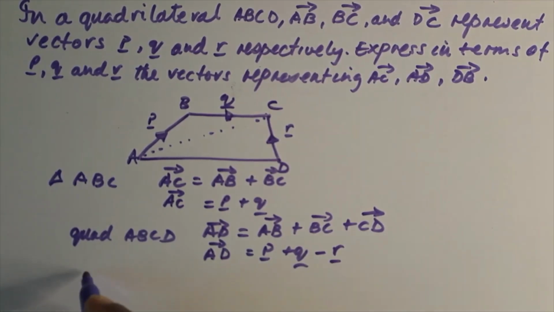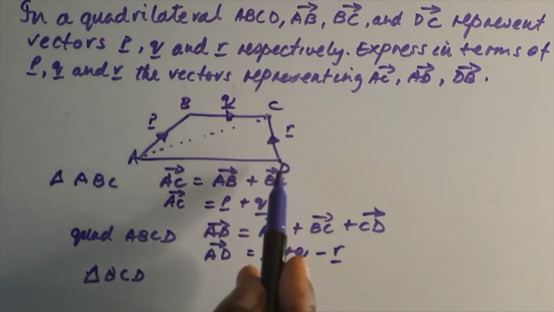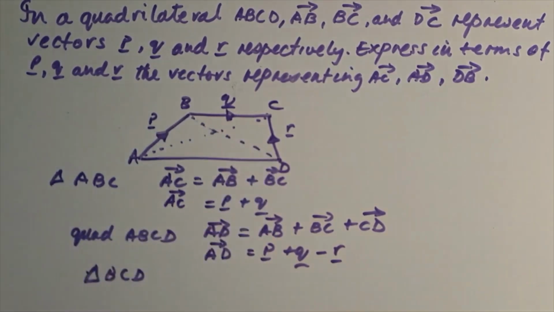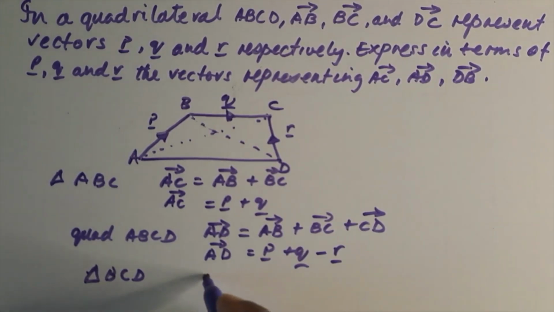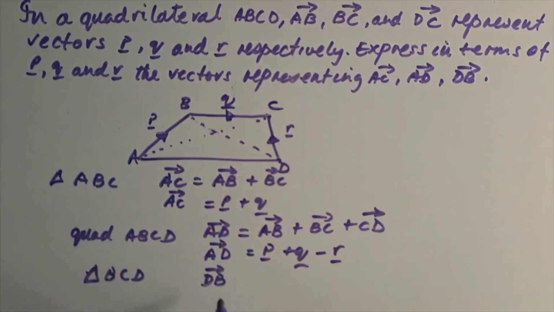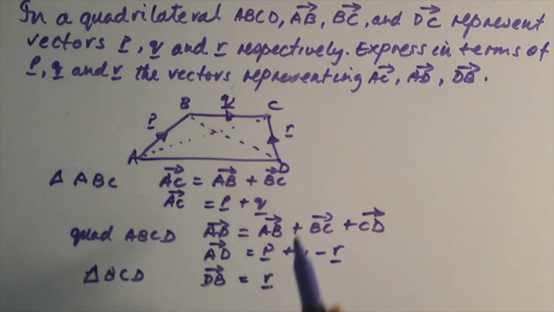And then if we have a look at triangle BCD, so if we again put an imaginary broken line there, we have DB, the displacement D going to B. We have R going in this direction.